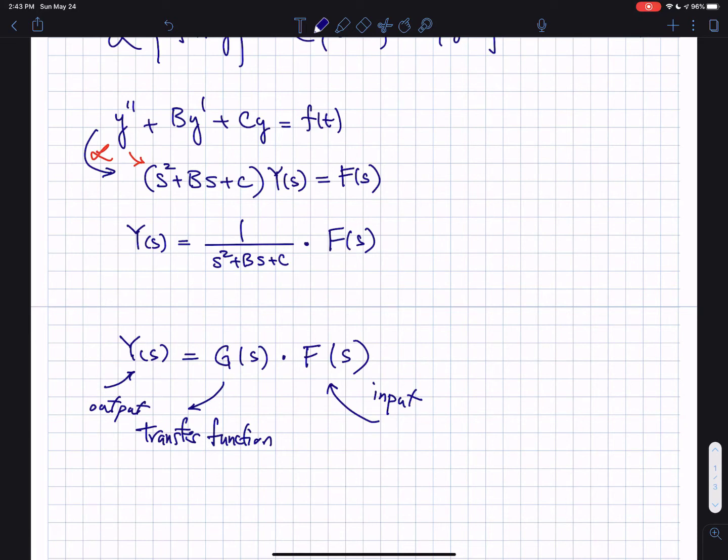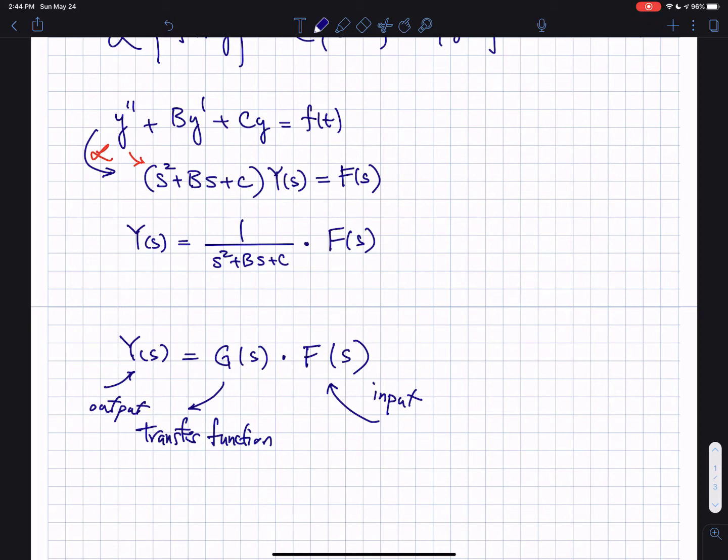These are interesting names given to this, and that's just the language of engineering. F of s is the forcing function. So that's what you know when you push something, when you turn on a system, that's an input that's been given. So that's a forcing function, and that's the Laplace transform of the forcing function.